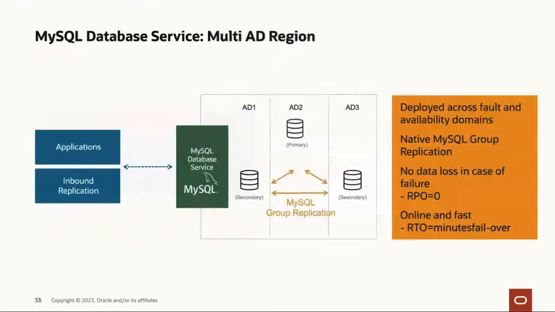So we'll take a look right here at the architecture. In this case, we see that the MySQL group replication is done across 3 availability domains. And for those who may not know, availability domains are physically distinct data centers, usually separated by 50 to 100 kilometers.